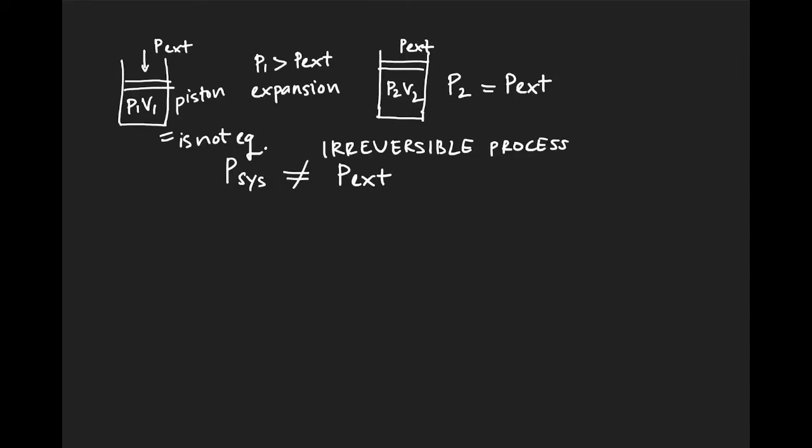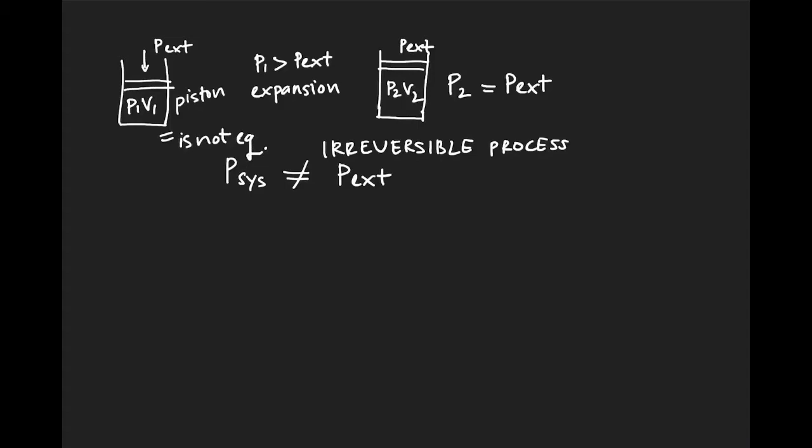Especially in the beginning, the pressure of the system is not the same as the external pressure, and this causes the expansion. And for this situation, to come back from the final state, or the second state, to the first state, you would need to introduce an external pressure that is not going to be small. So this is what we call the irreversible process.